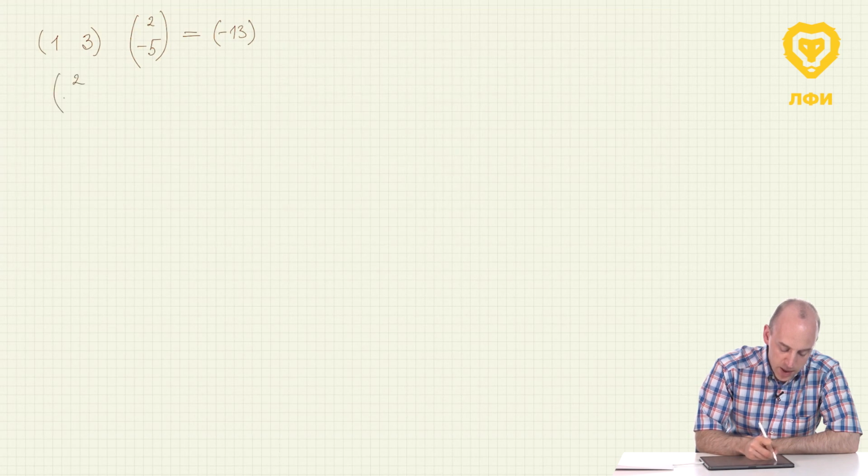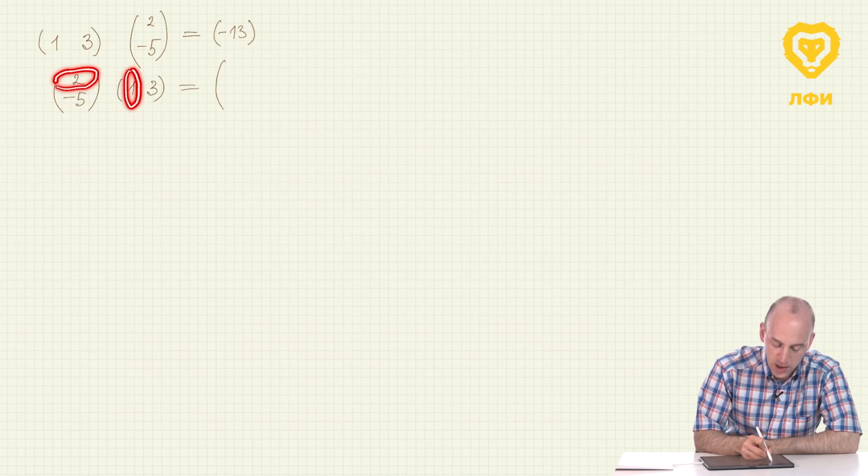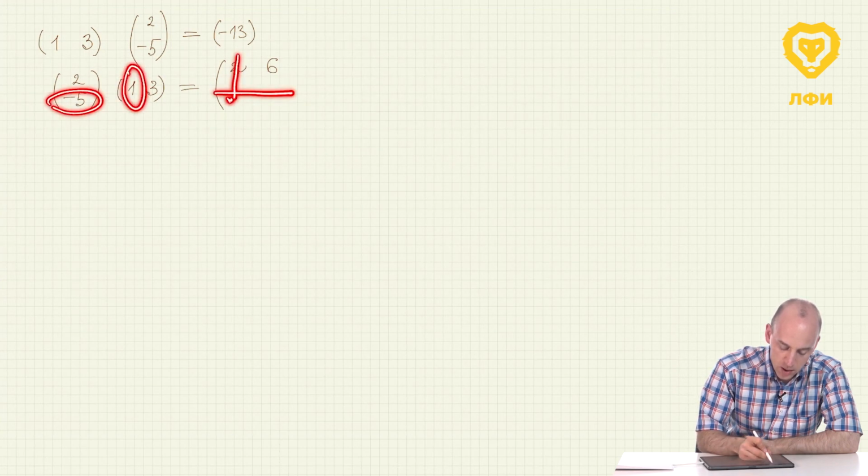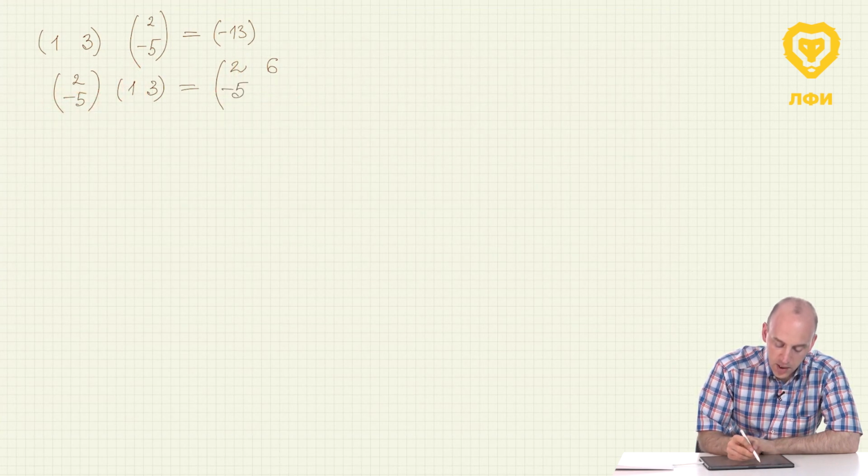But if we consider the matrices multiplied in a different order, here we take the rows of the first matrix and multiply them by the columns of the second matrix. So we'll have 2, then we'll have 6, so the first row, the second column. After that goes the second row and the first column, and it is minus 5. And finally the second row and the second column, it is minus 15.